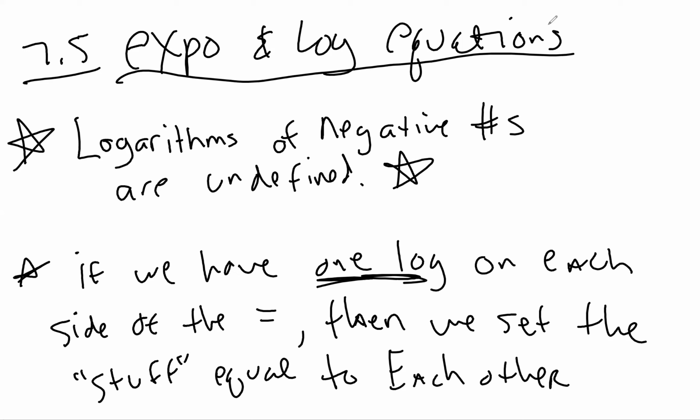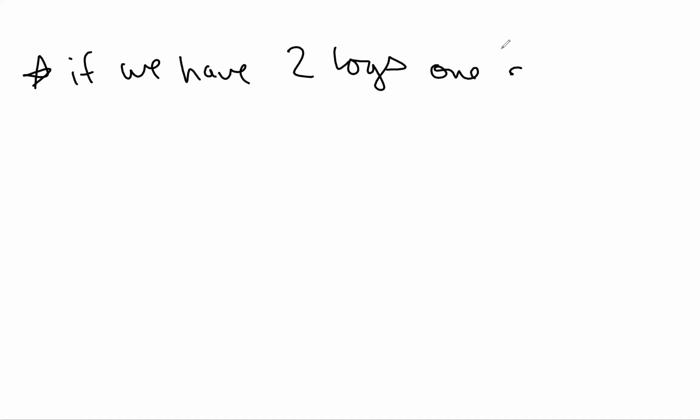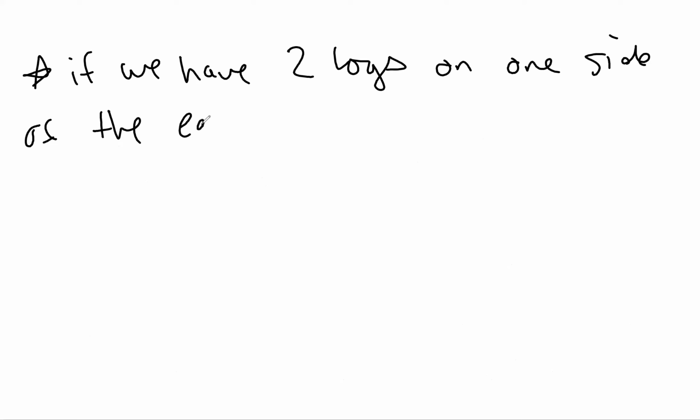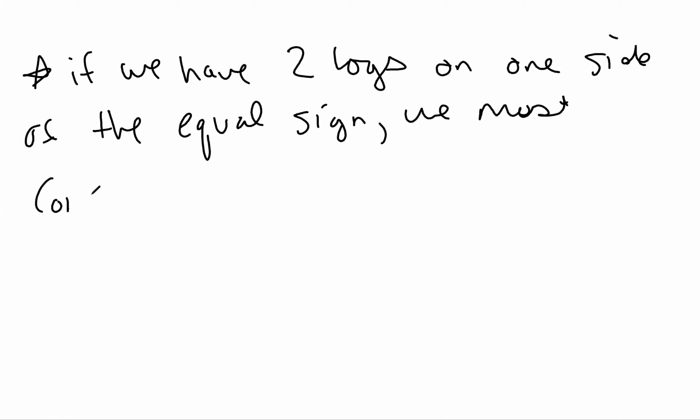Okay, so then the next page, the next sentence that we're going to write is: if we have two logs on one side of the equals, we must condense first.